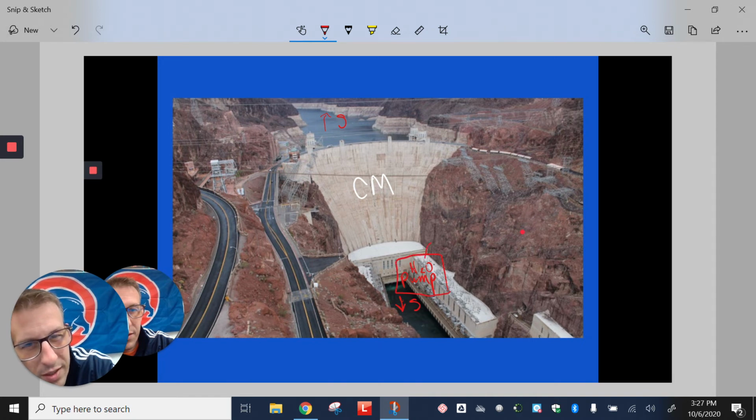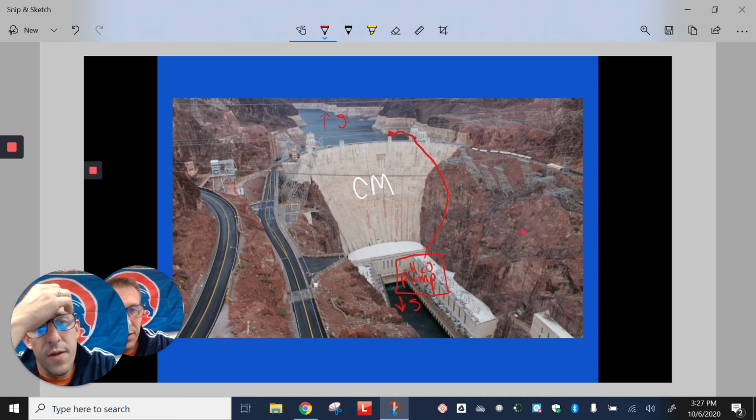And we run a hose back up here to the reservoir, okay? That's a little hose up to the reservoir. It would take a lot of energy. You'd have to fill this little gasoline water pump with gasoline a bunch of times, turn it on, and it would pump water up the Hoover Dam and put it back here.